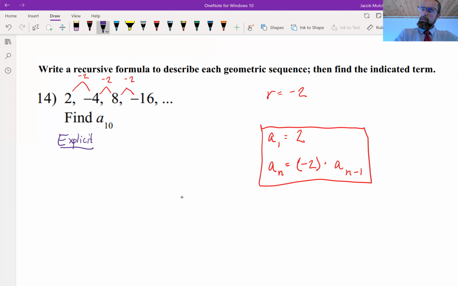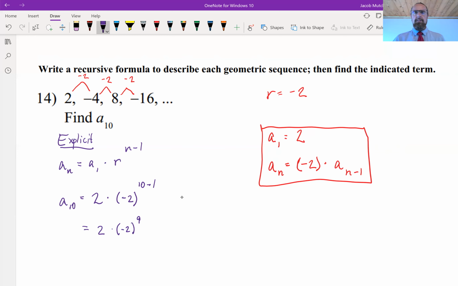So again, just to remind how that goes from our first 2 examples, a sub n is a sub 1 times the rate to the power of n minus 1. So if I'm looking for a sub 10, that's going to be equal to my first term, 2, times the common ratio, -2, to the power of 10 minus 1, or simply 2 times -2 to the power of 9.